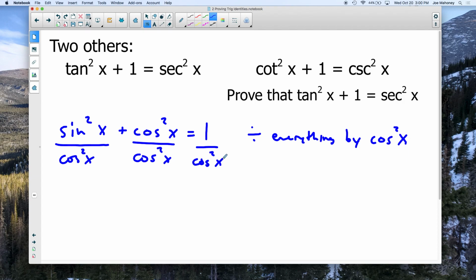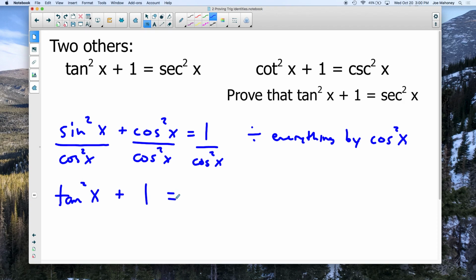When I take that original Pythagorean identity and divide everything by the square of cosine, I get sine squared over cosine squared. As we just saw before, sine over cosine is tangent. So sine squared over cosine squared simplifies to tangent squared. In the middle one, the same thing is on top and bottom, so that just reduces to 1.